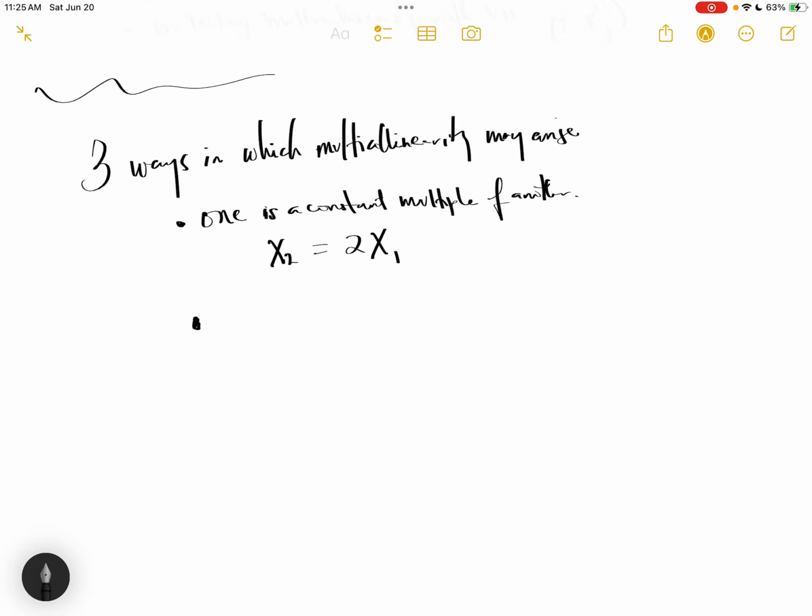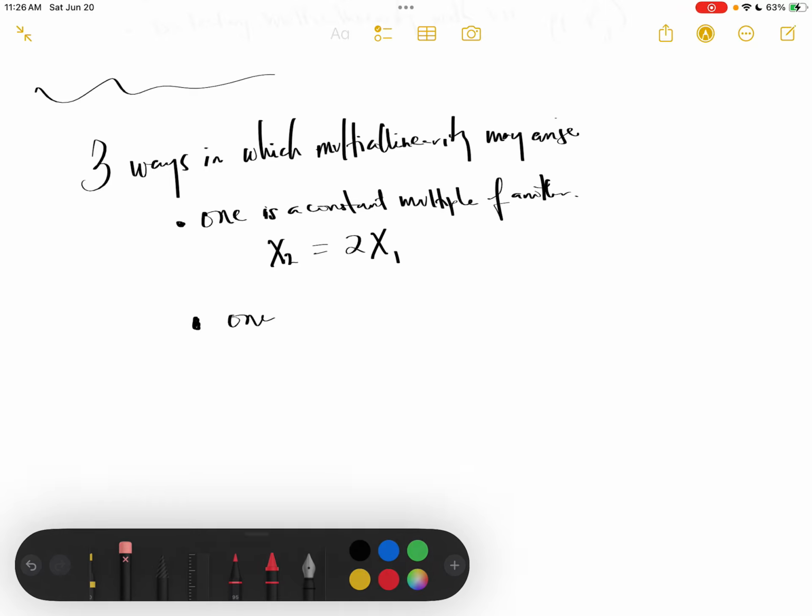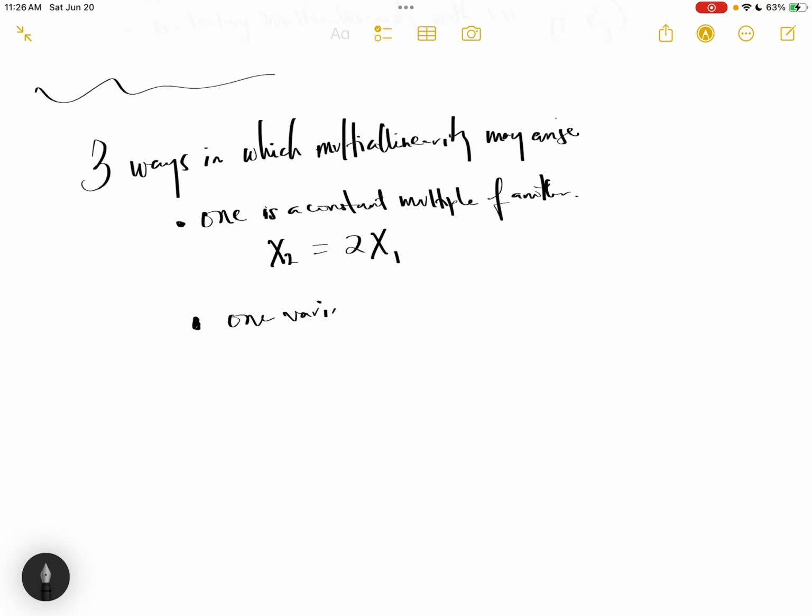The second way is if one variable is a linear combination of two or more variables. When I say variables here, I'm not thinking of the response variable. I'm talking about the explanatory variables. So these three ways in which multicollinearity may arise concern the explanatory variables.